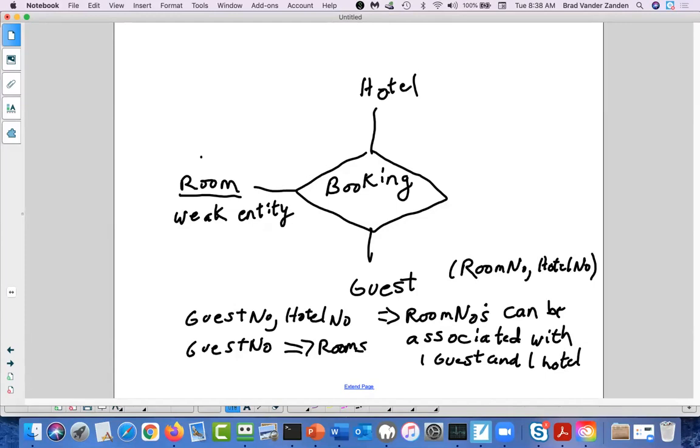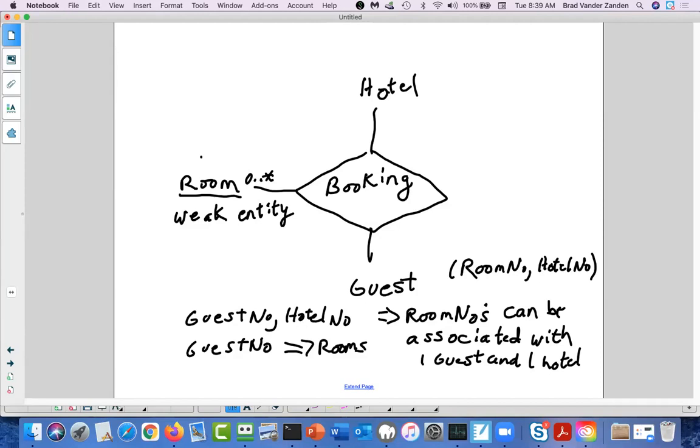So the fact is a guest can rent one or more rooms at a particular hotel. So the answer should be 0 to many, because it can rent 0 to many rooms at a particular hotel.